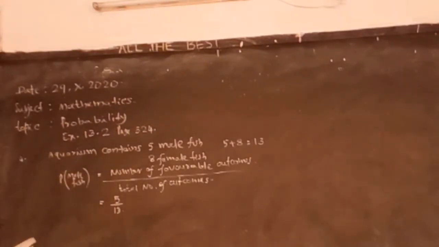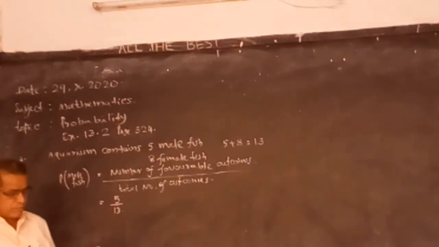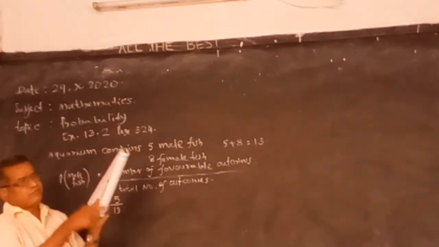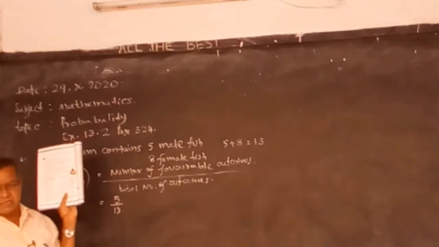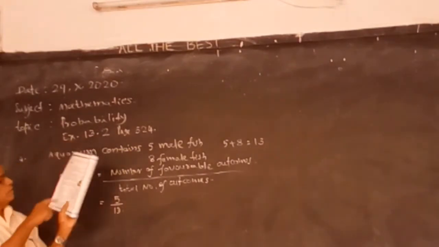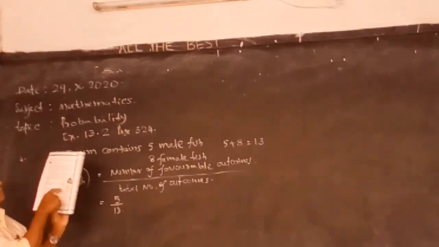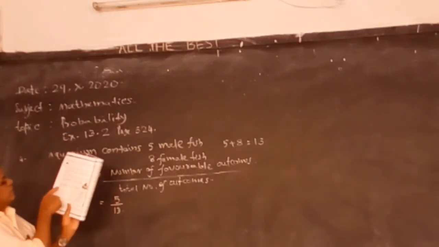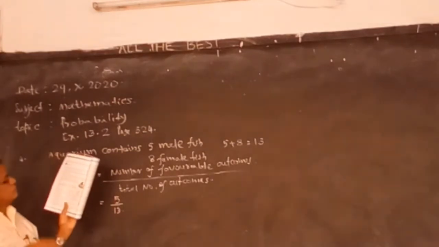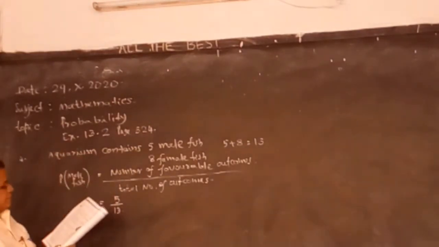Next, fifth question. A game of chance consists of spinning an arrow which comes to rest pointing at one of the numbers given in the spinning wheel. We see in the picture the numbers 1, 2, 3, 4, 5, 6, 7, 8, and these are equally likely outcomes. What is the probability that it will point at 8?